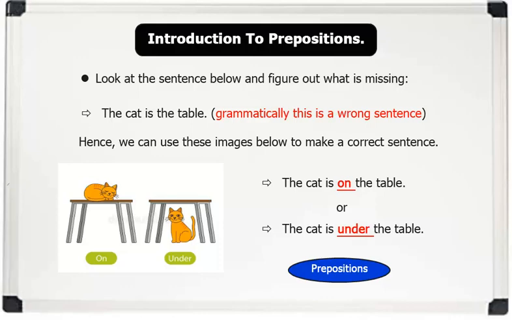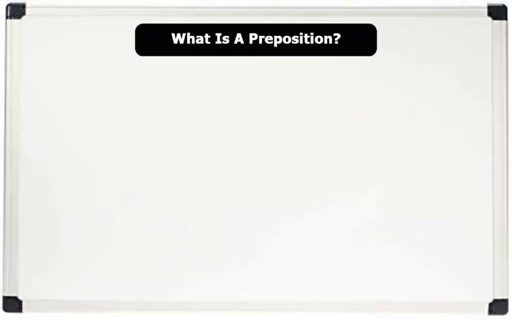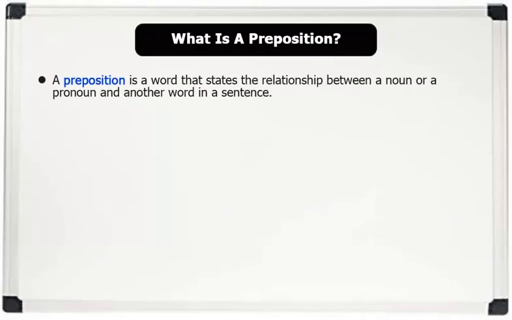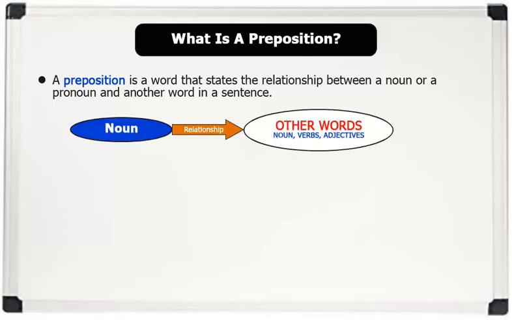Let's go over to know what a preposition is. What is a preposition? A preposition is a word that states the relationship between a noun or a pronoun and another word in a sentence. Below is an illustration of the meaning of preposition. The preposition shows a relationship between a noun and other words in the sentence.